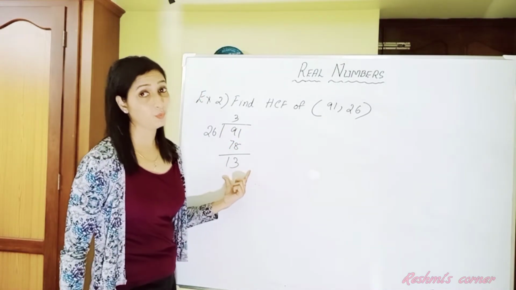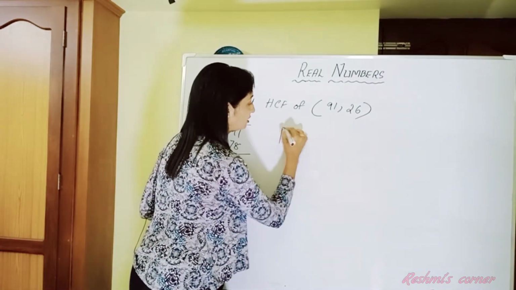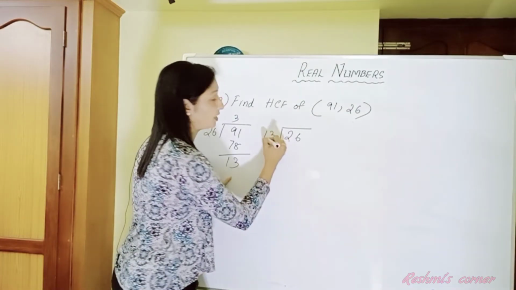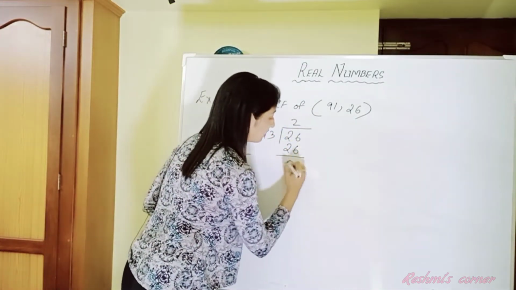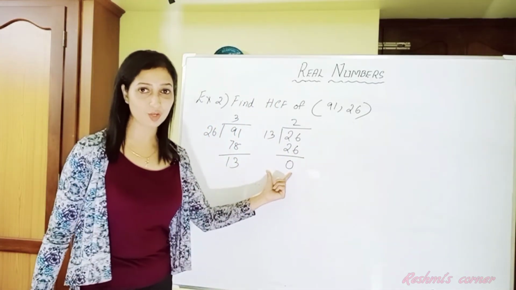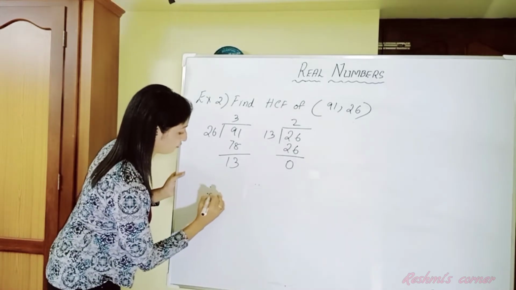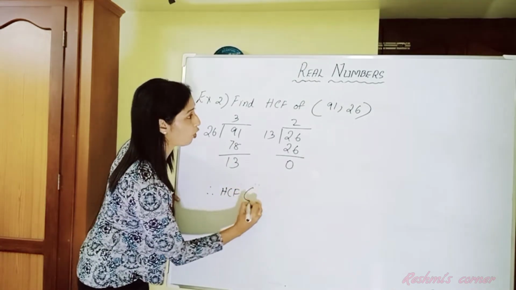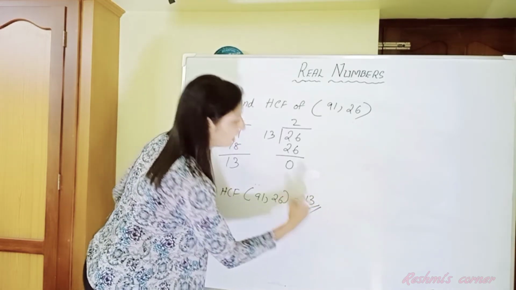Now here again we haven't got a remainder 0, so 26 becomes our dividend and 13 becomes our divisor. 13 2s are 26 and here we have got a remainder 0, so that divisor will be our HCF. Therefore, the HCF of 91 and 26 is equal to 13.